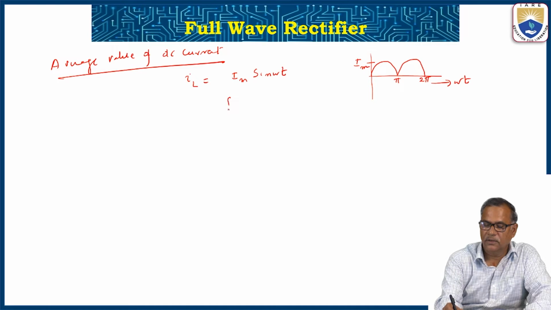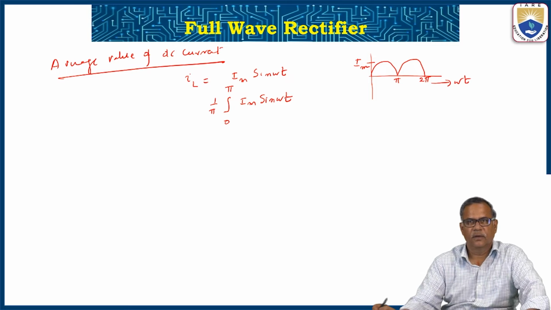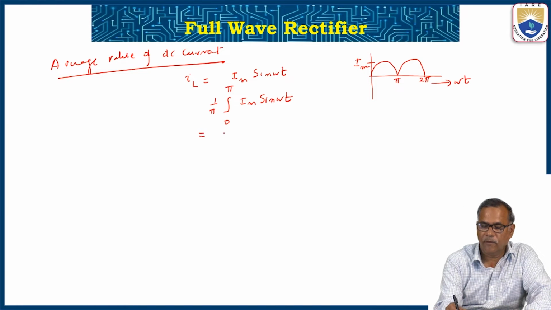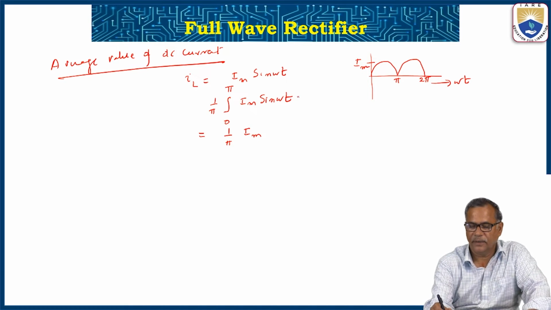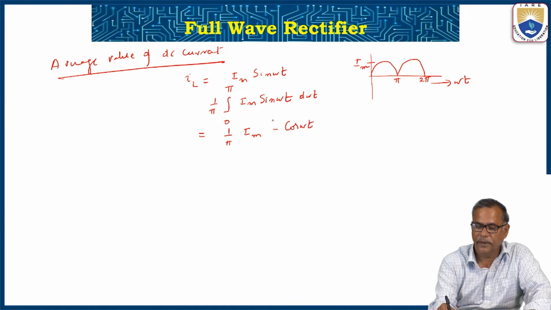What is the average value? From 0 to pi, 1 by pi integral of IM sine omega t. This is equal to 1 by pi IM times the integral of sine omega t, which is minus cos omega t, and we evaluate it between the limits 0 to pi.